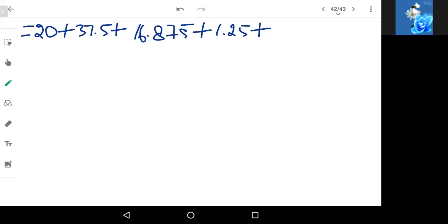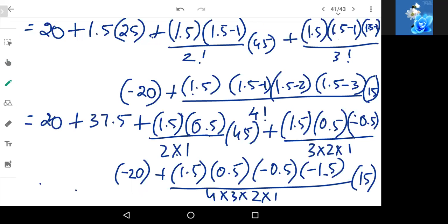And finally, you should do the calculation like this, or if you want to show steps in that also, you can show. There's no problem. 1.5 into 0.5 into minus 0.5 into minus 1.5 will give you 0.5625, divided by 4 threes are 12, 12 twos are 24.